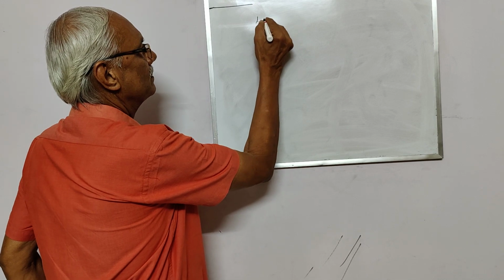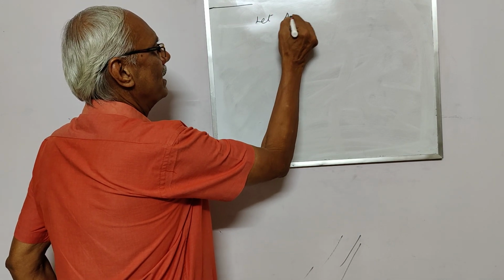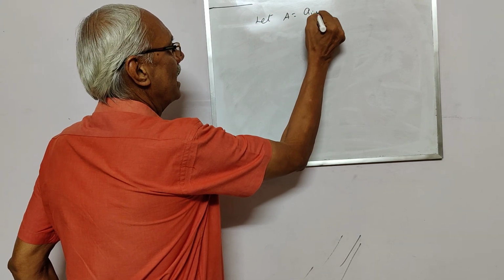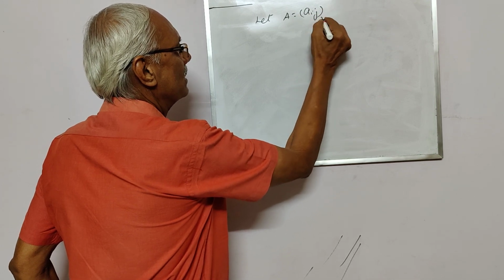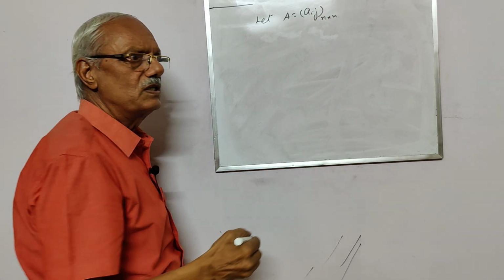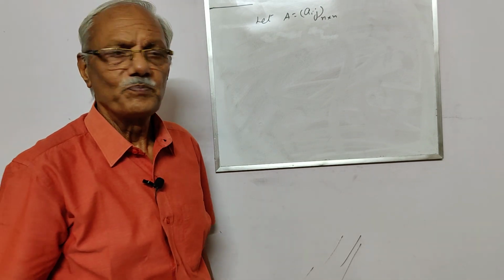Let A be a square matrix, Aij, n cross n. Now this is a square matrix.